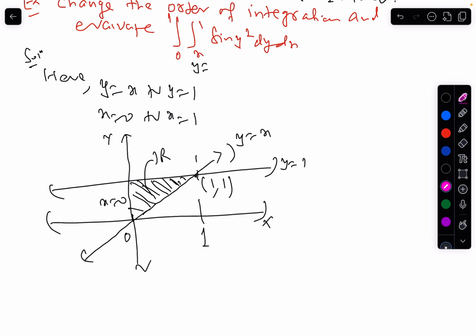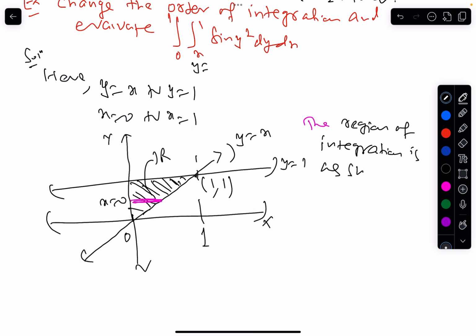And now here in this region, we need to take the horizontal strip. So the region of integration is as shown in the figure.